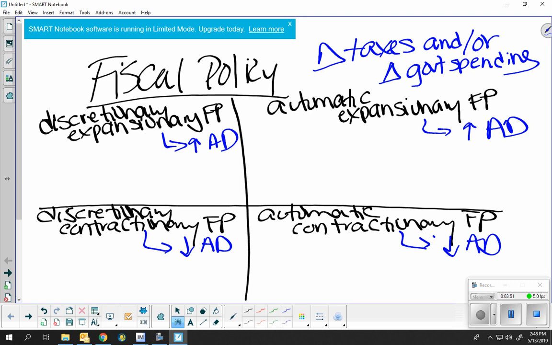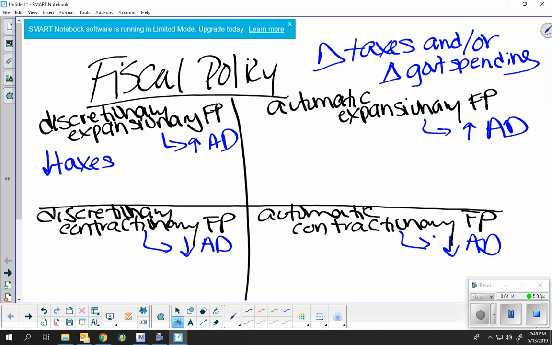Okay, so let's talk about the discretionaries first because that one's easy. That is just raising, lowering, whatever. So, Pablo, discretionary expansionary fiscal policy. What is the government purposely going to do with taxes if we want to expand? They're going to lower taxes. How does that increase aggregate demand?